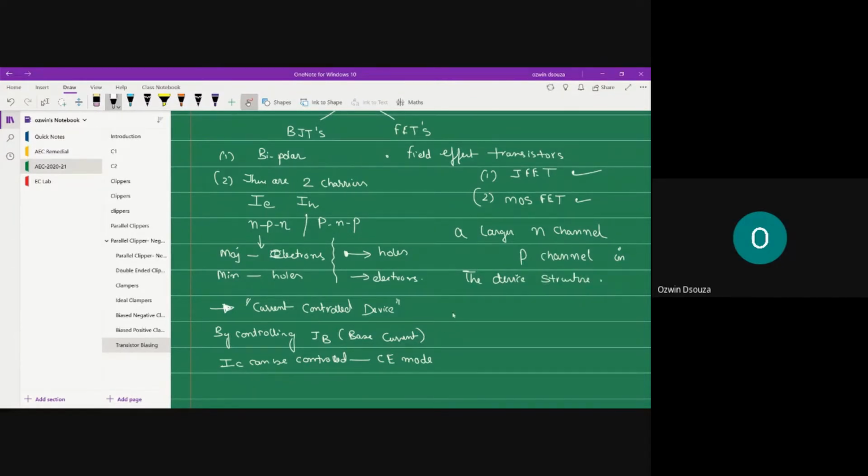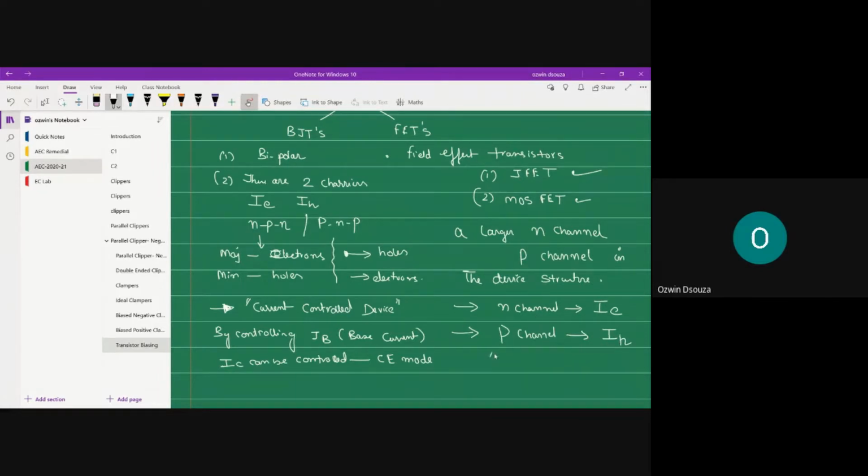Now, what is the meaning of this larger N channel and P channel? By having a larger N channel, the device current is going to be the electron current. On the other hand, by having a larger P channel, the device will have a current which is nothing but the hole current. If you have a P channel, you will have positive current, which is regarded as the hole current. For N channel, you will have electron current. So either you will have an electron current or you will have a hole current.